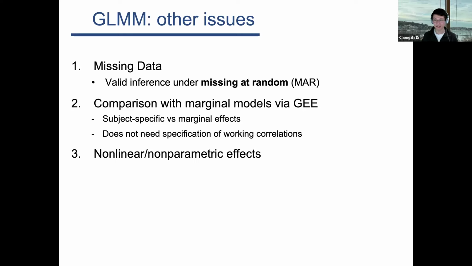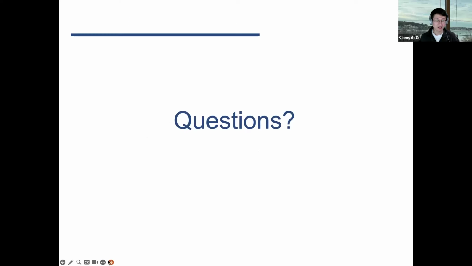Hopefully in the next workshop in the sequence, I will talk about more intensive longitudinal data, and we'll cover a little bit more about the non-parametric models. I think that will be the end of the workshop, and I will leave some time to see if there are additional questions.